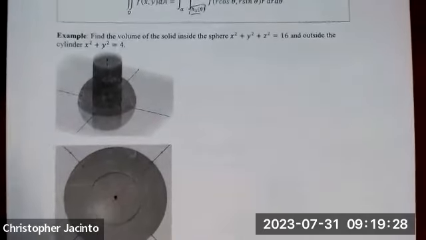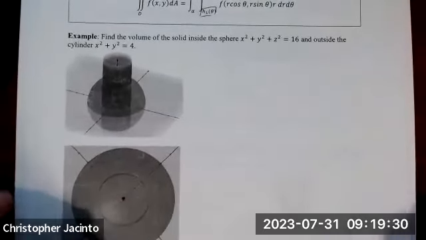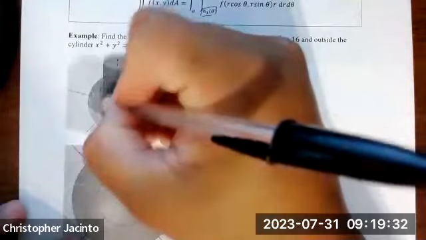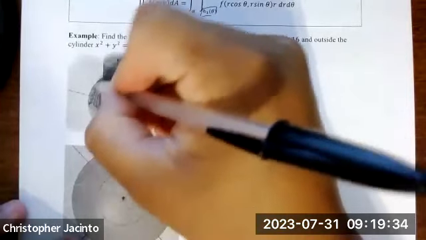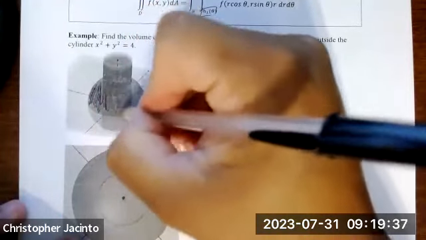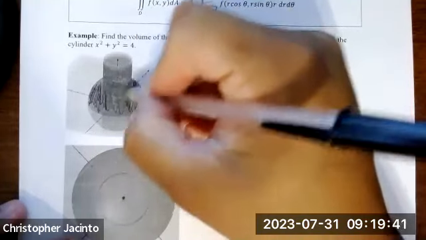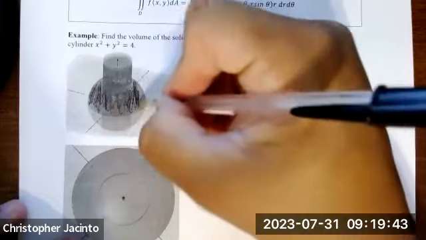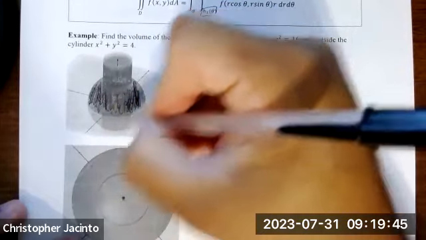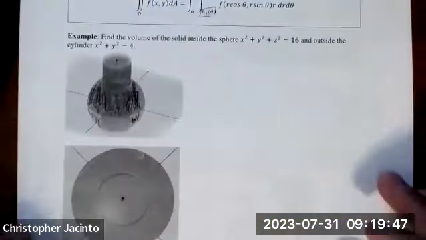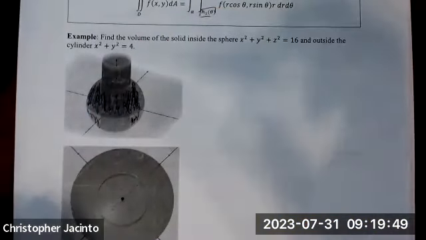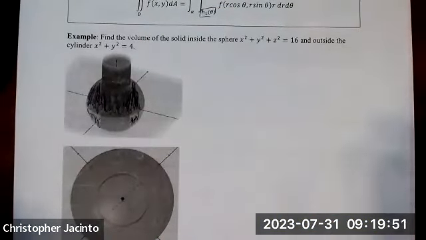So what they're asking us to do is find the region that's outside of the cylinder within the sphere, both top and bottom. So you can think of an apple, and you just take the center out. That's what you're looking for.